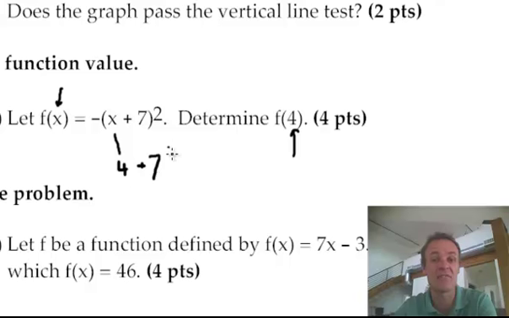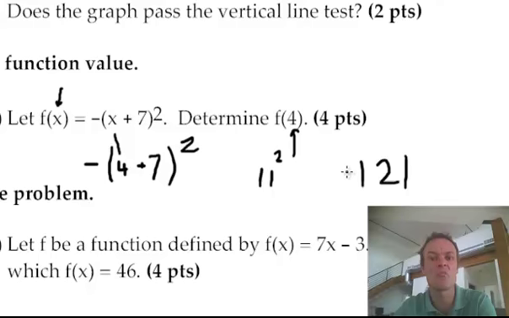Now, isn't that 11? I'm also going to square it, and I'm going to write a minus in front. It's nothing to do with the thing you're squaring. So I have 11 squared, which is 121. It's also got a minus in front of it because of this there. And that's the answer, negative 121. So just leave that minus till the end.